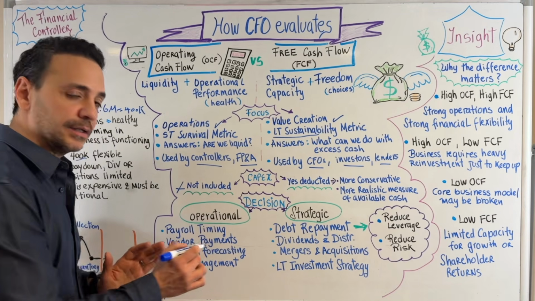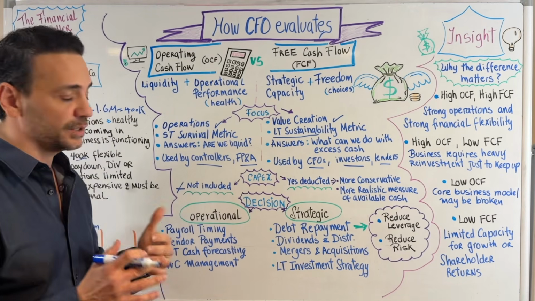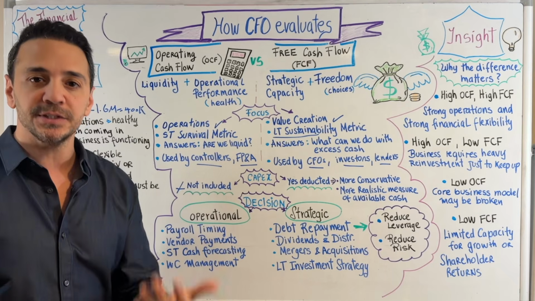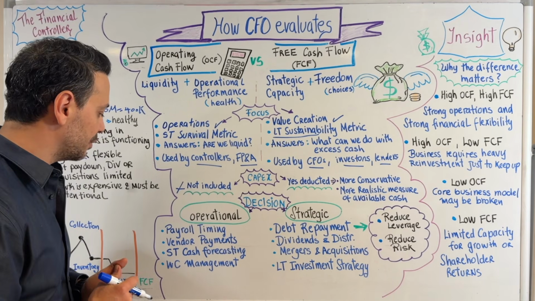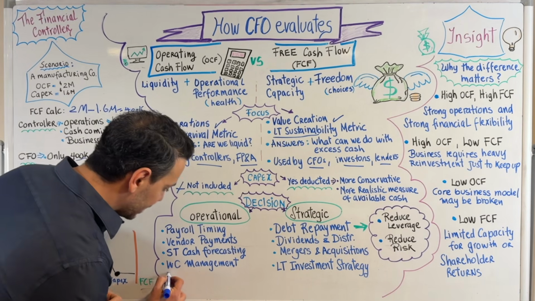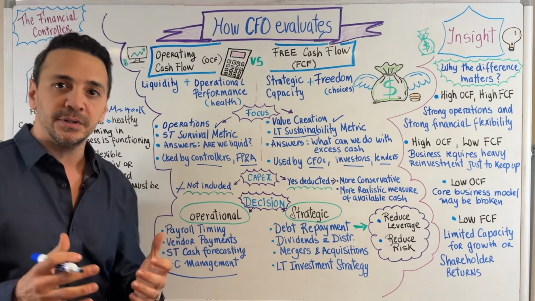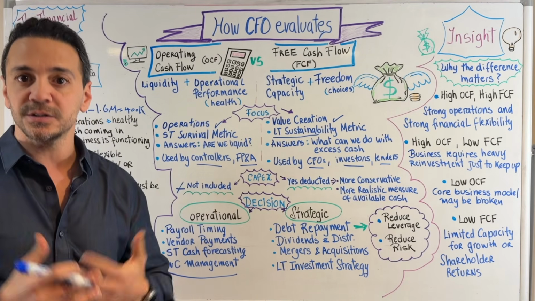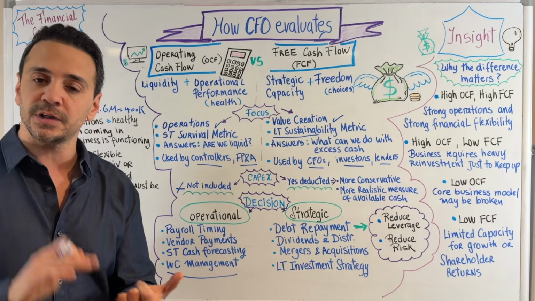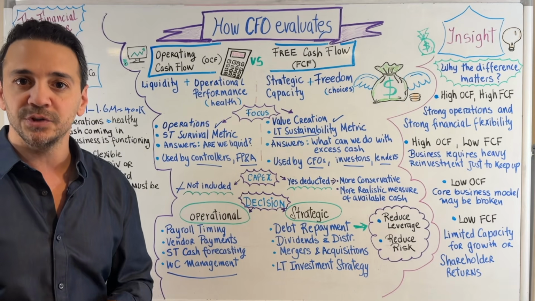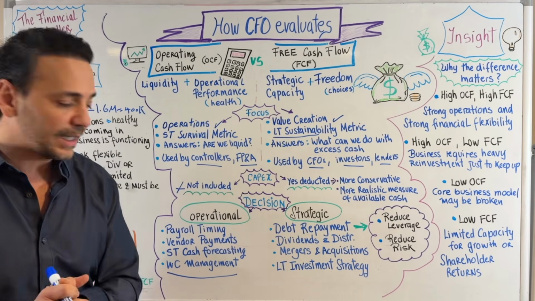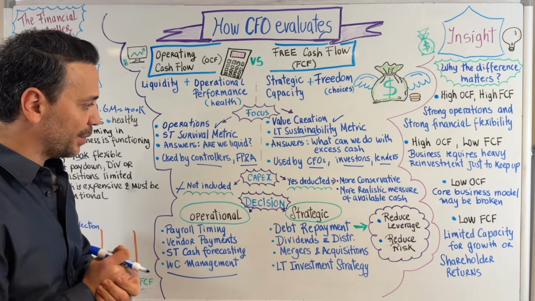Short-term cash forecasting, right? So this OCF helps us forecast for the next maybe 3 to 6 months the kind of cash balance that we'll have. And that will help us manage working capital. Working capital is defined as current assets minus current liabilities, right? So all of your customer collection, accounts payable, inventory, accrued expenses, all of that falls within your working capital management.